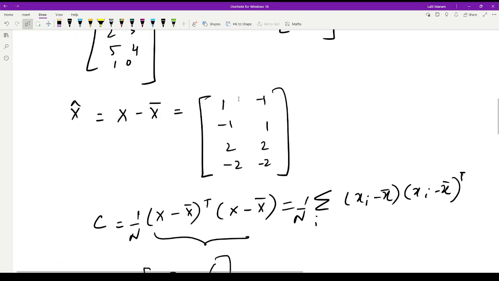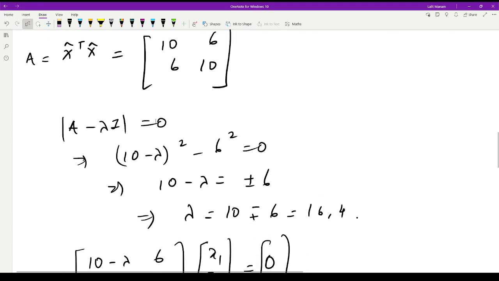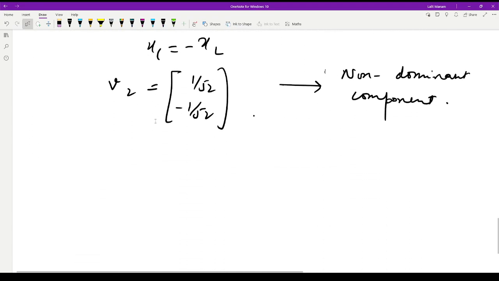But do you understand why we want to remove this mean in the first place? Any intuition? We are centralizing, bringing it to the center. Okay, centralizing is fine, but why centralize? The data is ultimately in two dimensions.